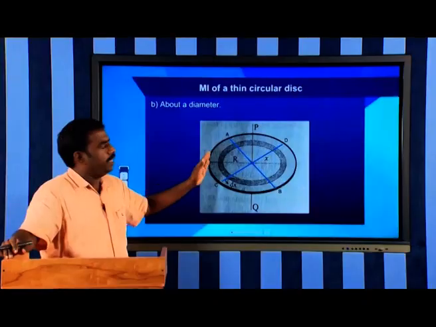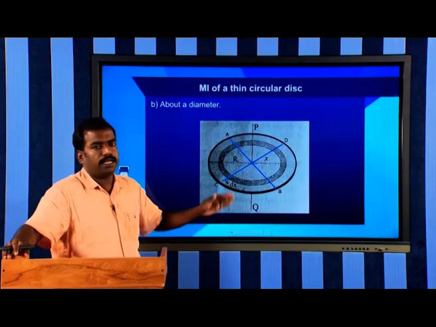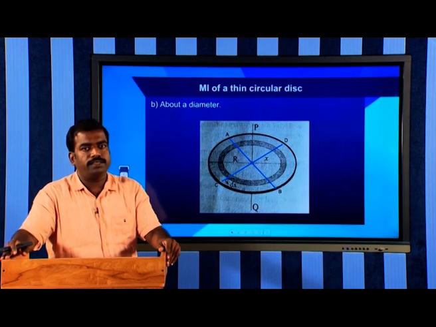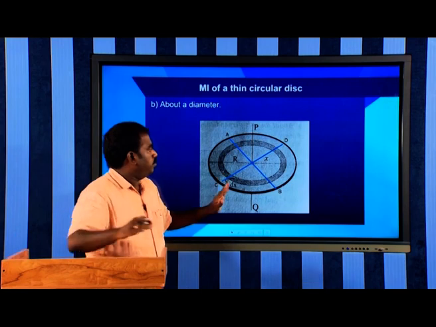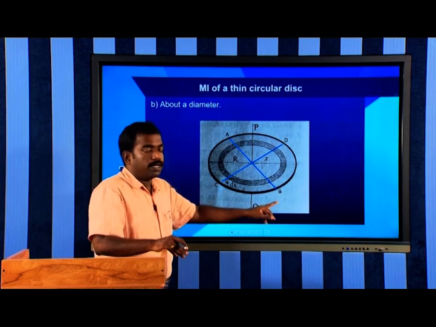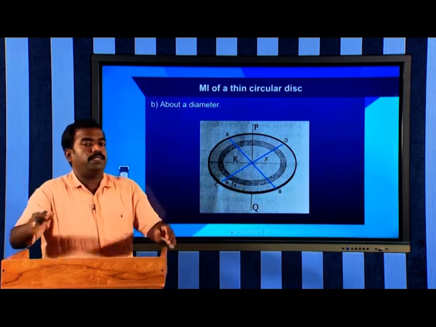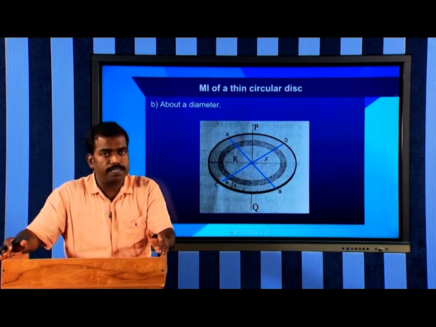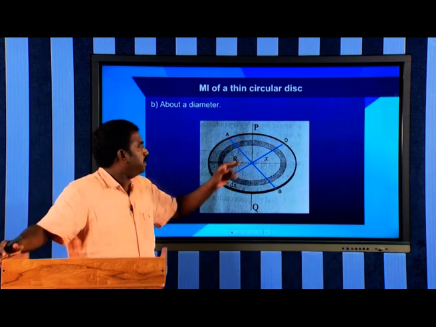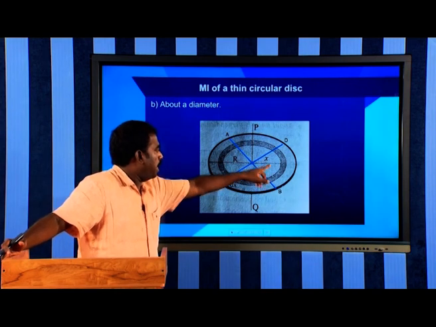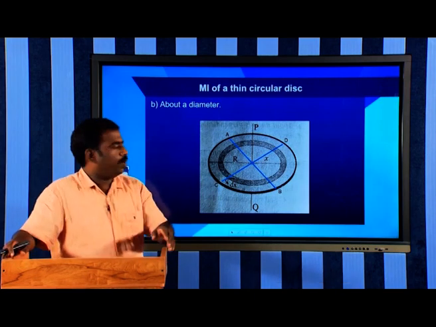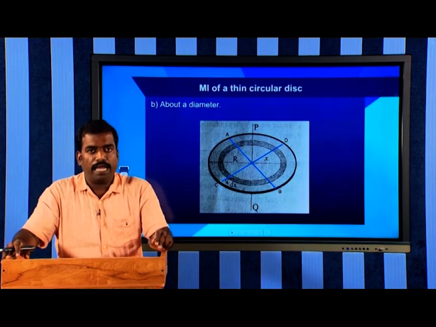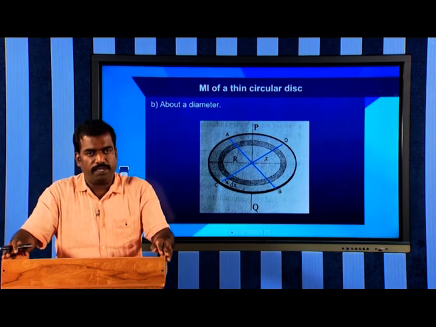Next, we need to find out the moment of inertia of the disk about the diameter. We are using the same steps. We need to consider two diameters, and since the disk is symmetrical about the diameters, the moment of inertia of the disk about all the diameters is the same. So we are considering two such diameters AB and CD, and we know the moment of inertia of the disk about PQ, the perpendicular axis, and we will use the perpendicular axis theorem here.